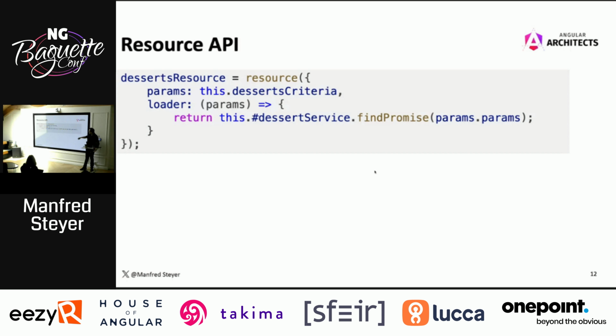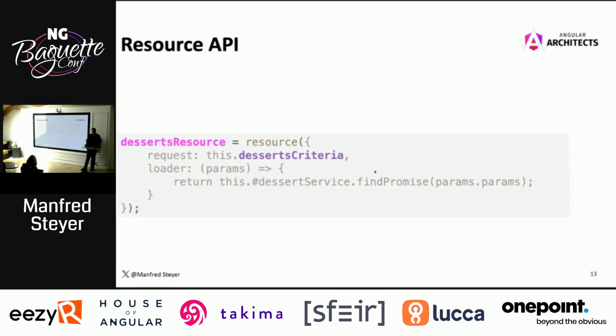But nevertheless, here I'm getting my dessert criteria from above, and I can use it to fetch some data. On this low level, we are using promises. Nevertheless, you always have switchMap semantics. And on higher levels, you can use something different, like RxJS observables.